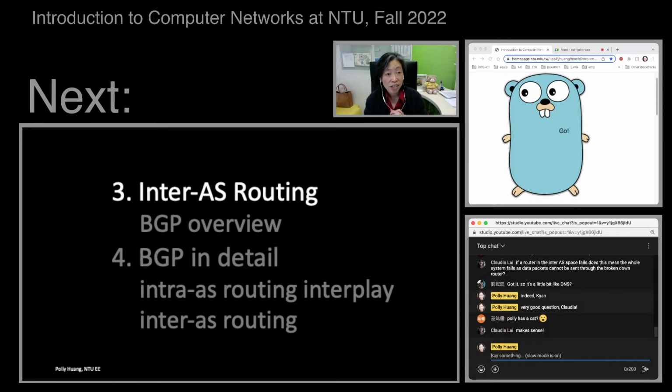That interaction is supported by the iBGP connections from the gateway routers to all these internal routers, the routers at the lower level within an AS. That is how information about how a router inside can reach destinations outside of ASs is propagated.